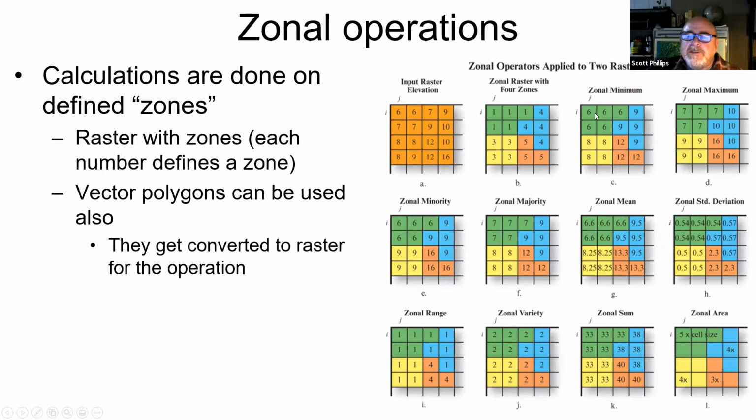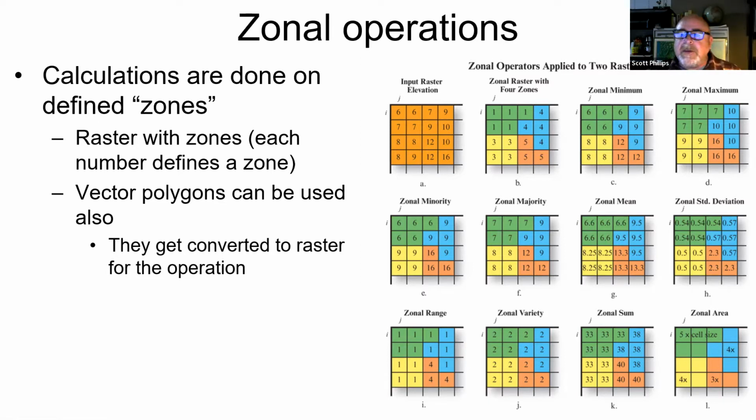What is the minimum? Within zone 1, the minimum is 6. So the whole zone is coded with the minimum value, or the maximum, the majority, the minority, mean, or standard deviation. The whole zone is encoded with information calculated from the input raster.